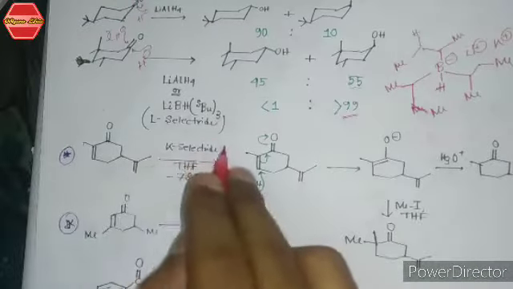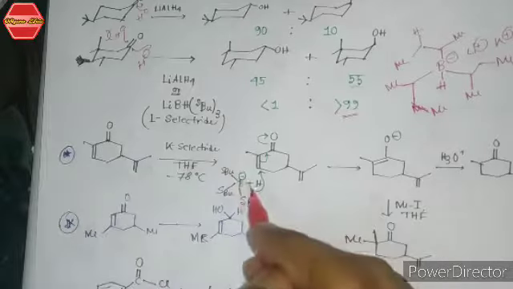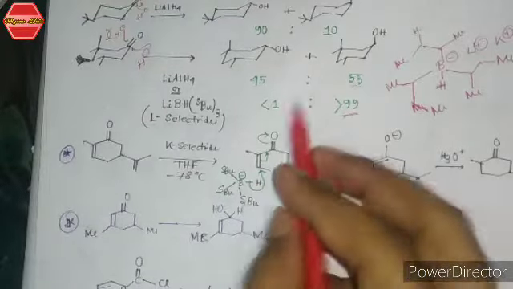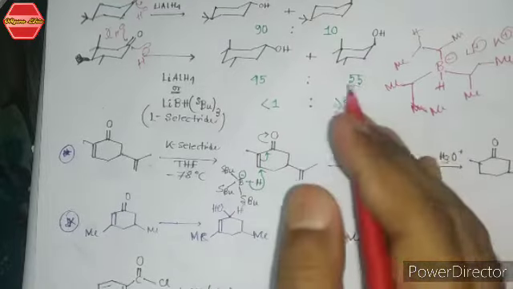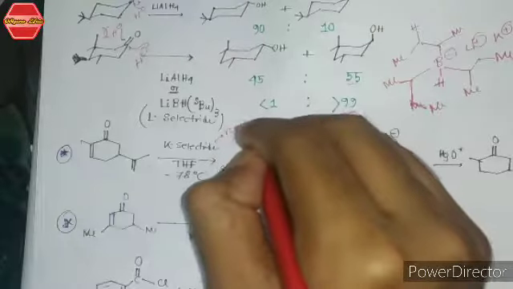Okay, if we use K-selectride on this type of compound, there is an attack of this hydride in a conjugate manner. That is the regioselectivity of this reagent.